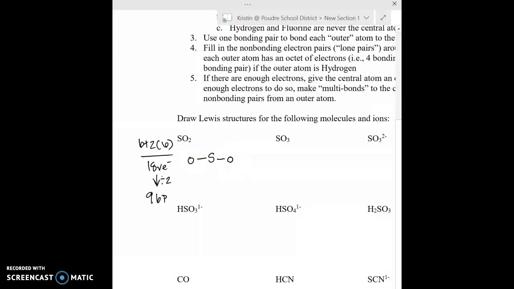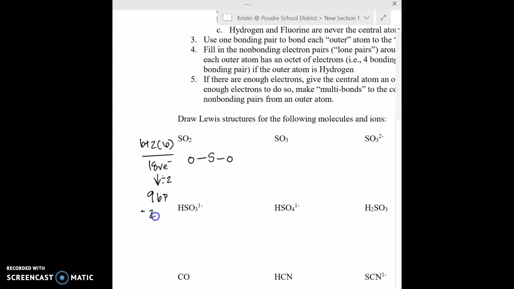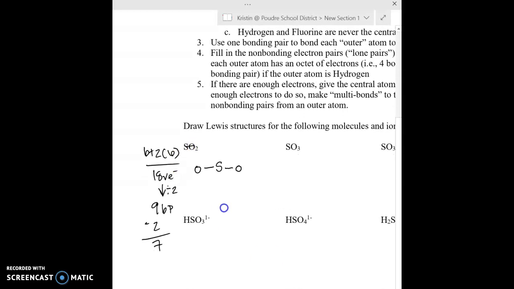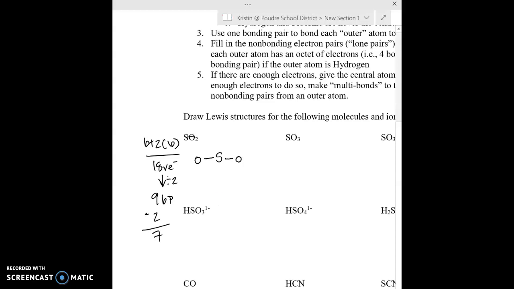So that was 2 bonding pairs, so we have 7 left. I'm going to start putting my bonding pairs on the outside atoms first, and then if I have some left, I'll put it on the central atom. So 1, 2, 3, 4, 5, 6, 7.